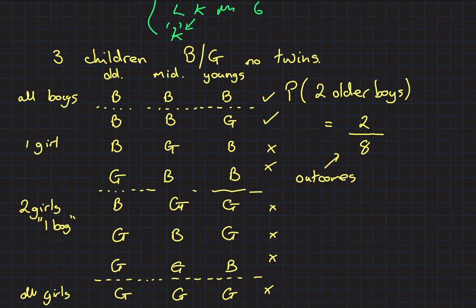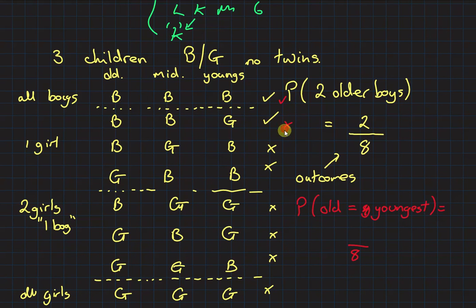Similar question could be, what's the probability of oldest and youngest being the same? Oldest and youngest, so that should be a Y. Still got the same 8 outcomes. Oldest and youngest being the same, so yes, the top line.